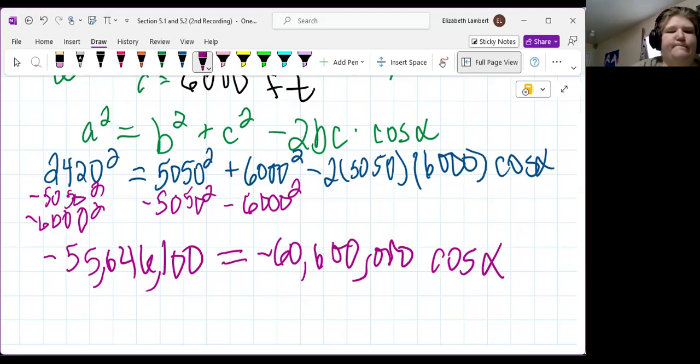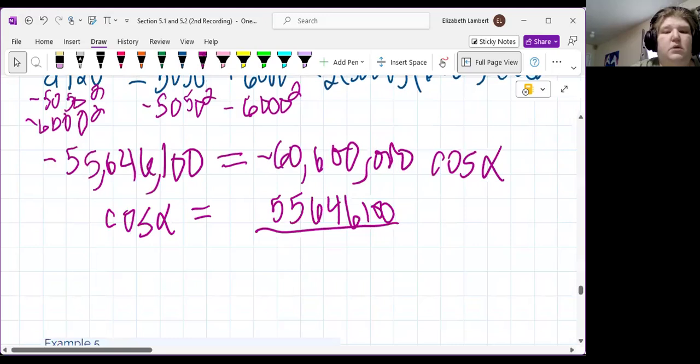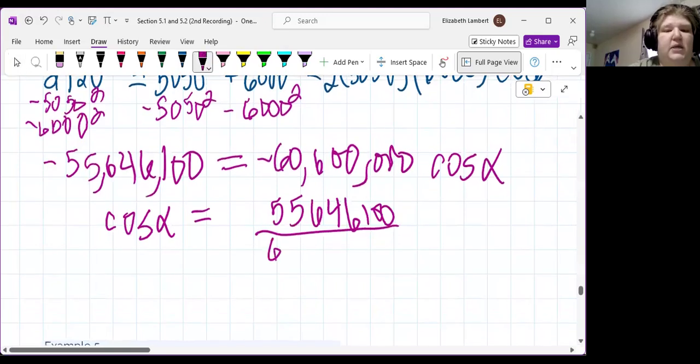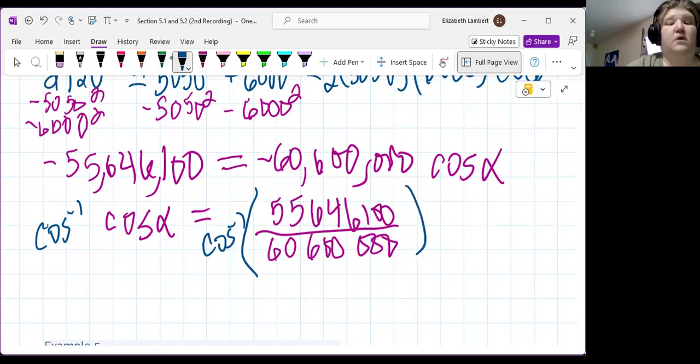Okay. So the cosine of alpha is 55,646,100 divided by 60,600,000. And then we're going to do the inverse cosine of that.